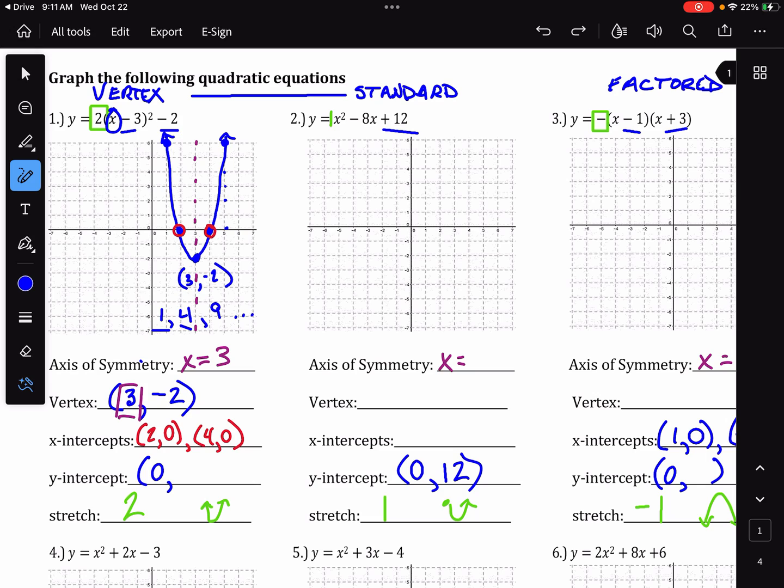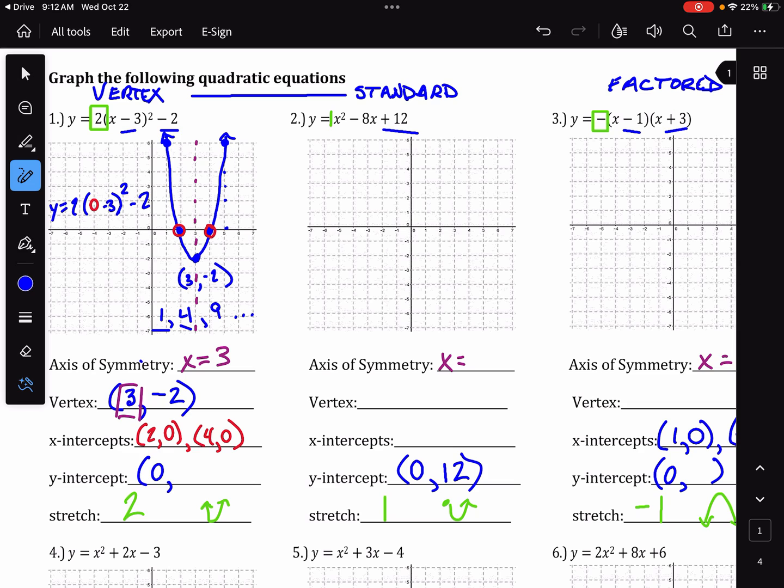I don't have a ton of space, but let's see if I can squeeze it right here. y equals 2, I'm replacing x with 0, (-3) squared minus 2.